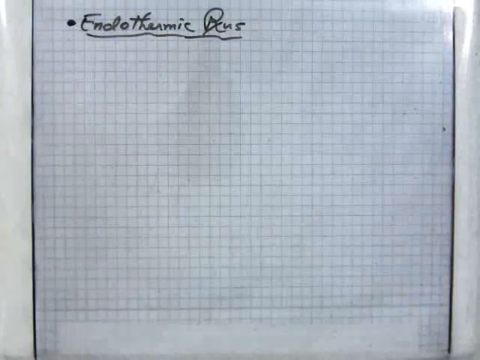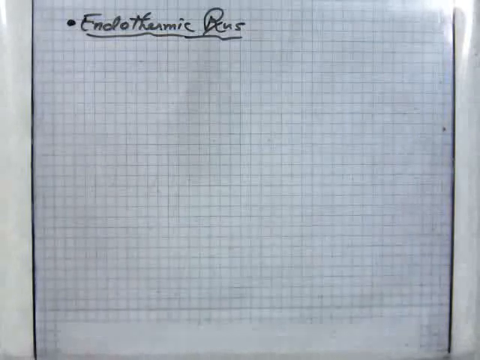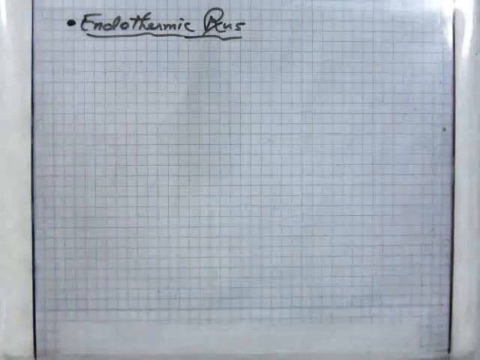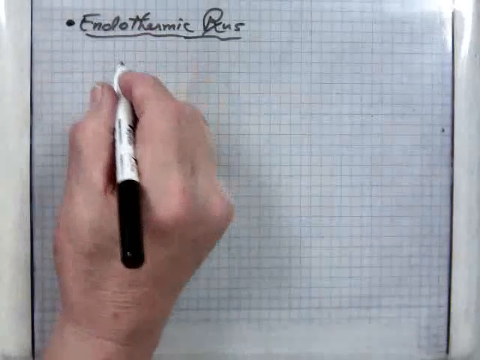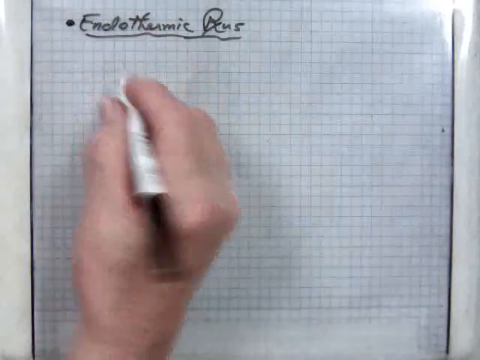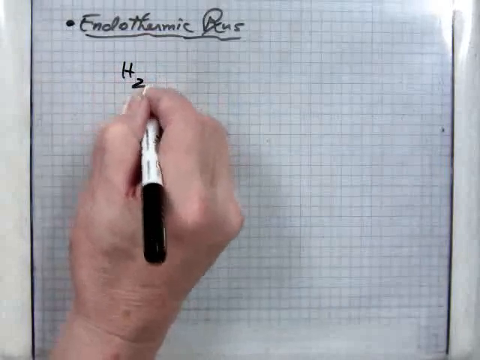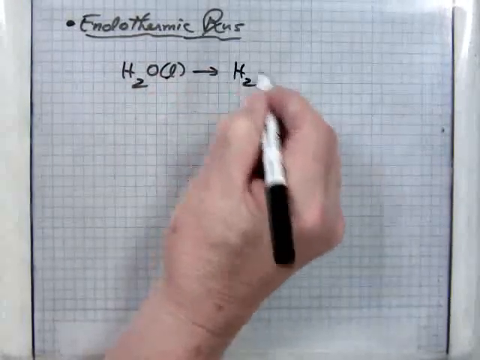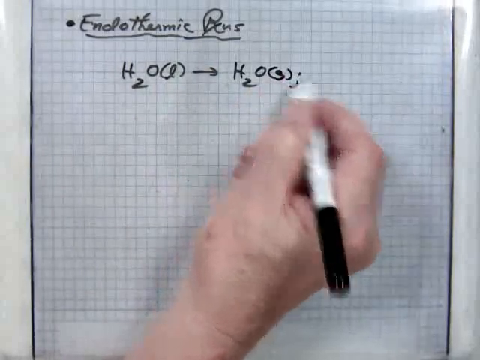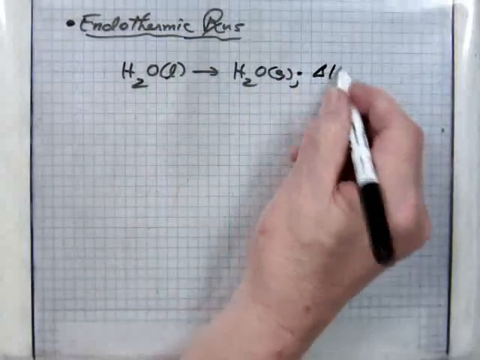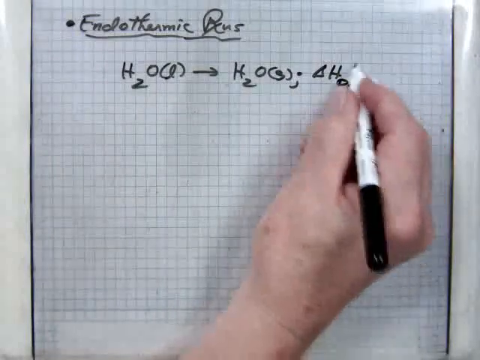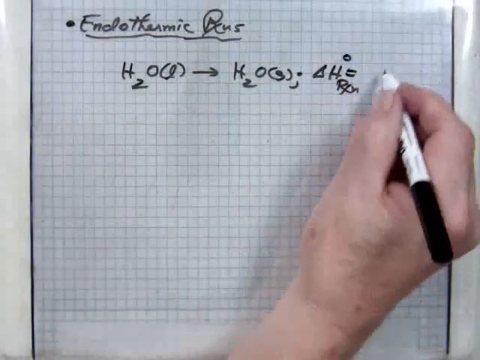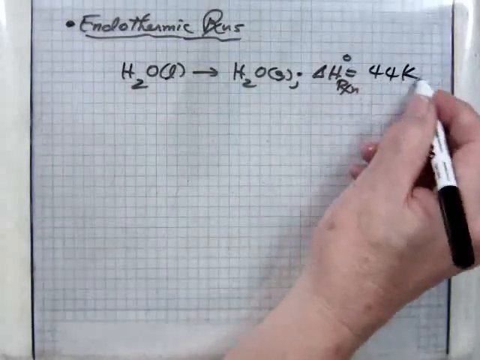And it does separate from the equation, but we list it as a delta H equals a positive number. We don't have to put the sign, but like this: to evaporate water, H2O in the liquid form will go to H2O as a gas form if you add heat of reaction in the amount of 44 kilojoules of energy.